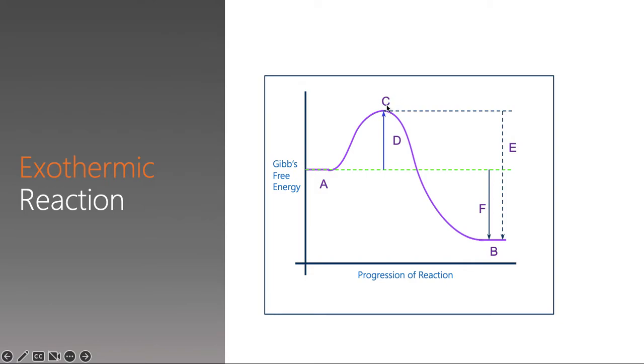This is the state in which the reactants are breaking their bonds and they're in the process of forming product bonds. So some bonds are being broken and some other bonds are being formed.